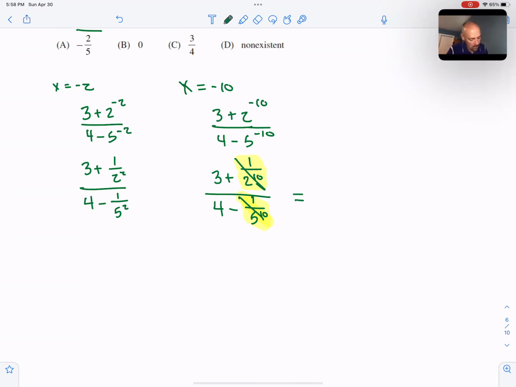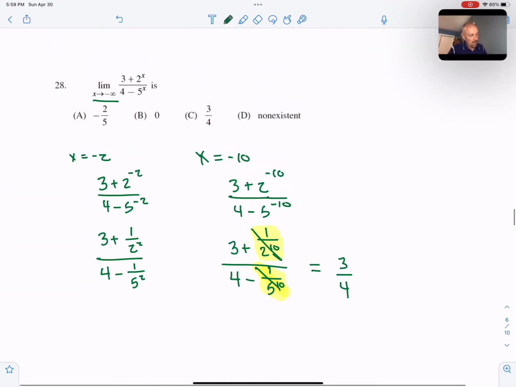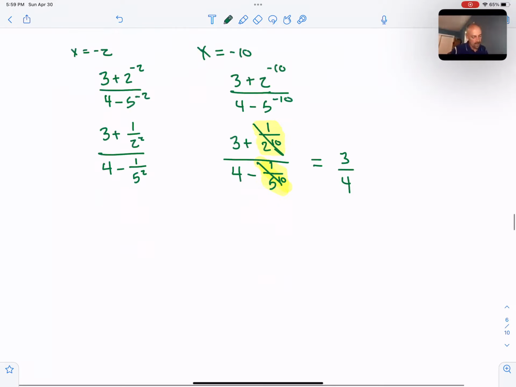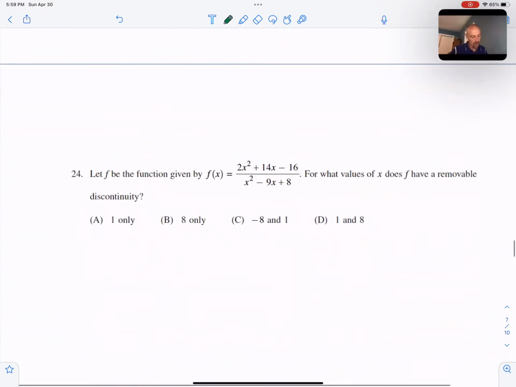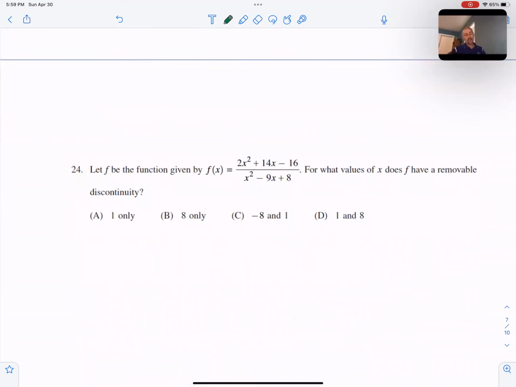And so I'm going to be left with really 3/4. And that is my limit. Okay. That one a little tricky, but we can sometimes make sense of limits like that. As we're approaching a number, just put in successively numbers in that direction.